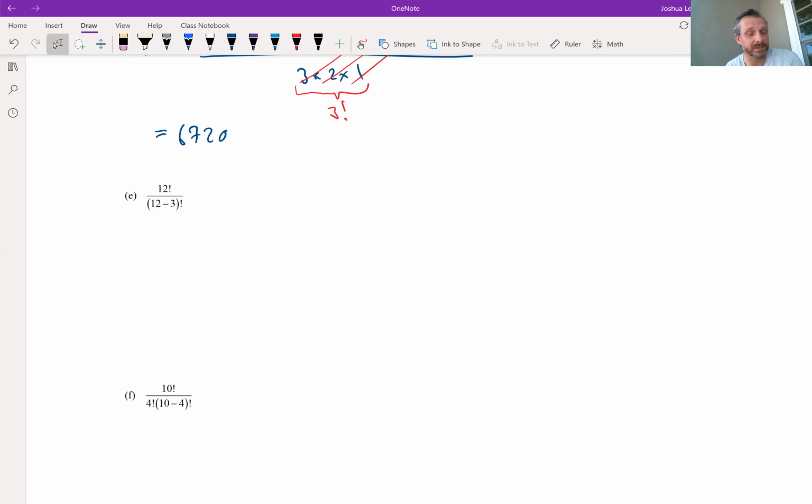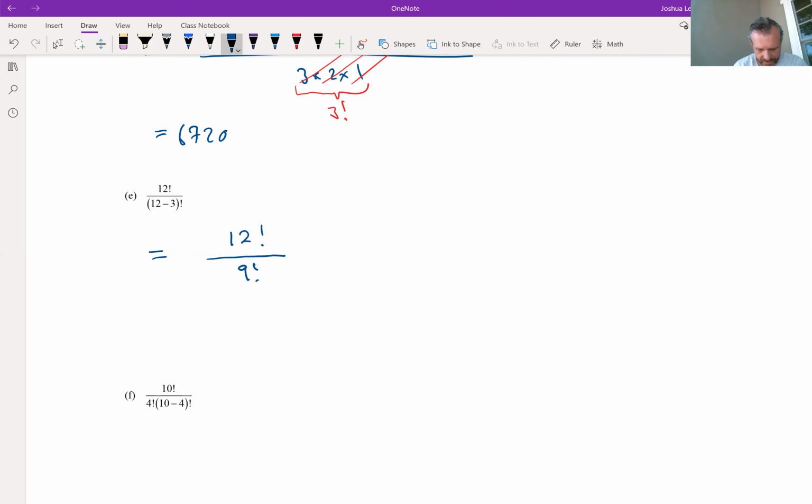Now E, this is one that's going to start to look familiar in sections to come. So let's take a look at this. We have 12 factorial. Now to start, I'm not going to rewrite 12 factorial as 12 times 11 times 10. I'm not going to do that because my denominator, 12 minus 3 is 9 factorial.